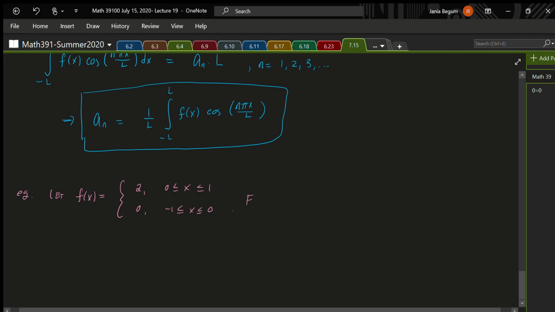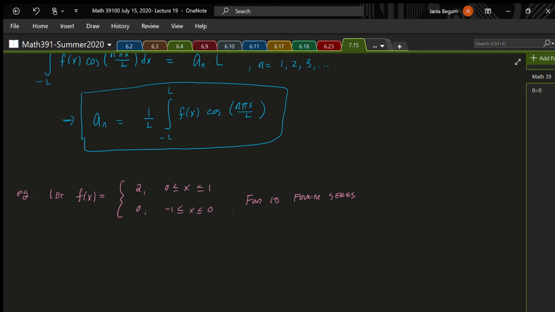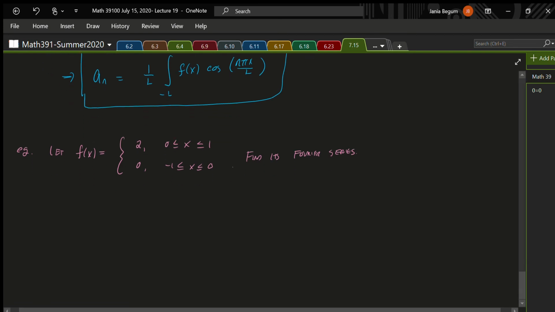Let's find its Fourier series. So let's draw the picture and determine the value for L.